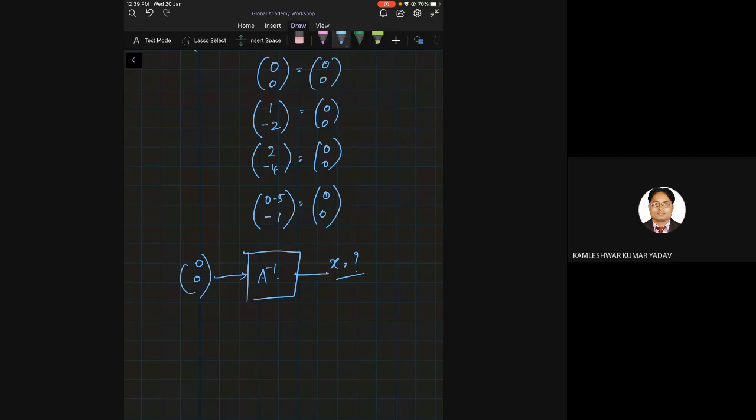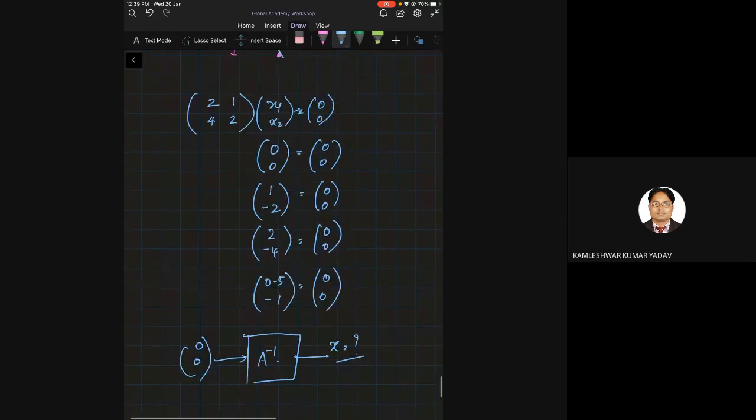Will it give the answer 1, -2 only, or will it give the combination 2, -4? I want to know specifically which one. See, 2, -4, in all certainty, is different from 1, -2.